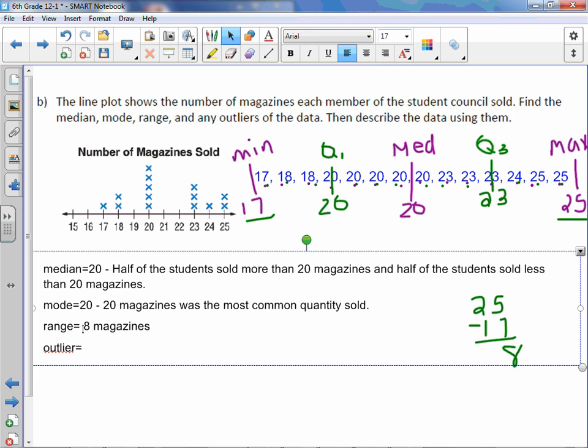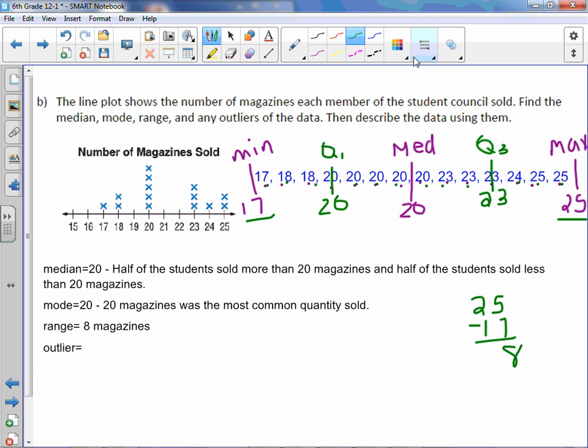And we need to know if there are any outliers. To find outliers, we need to find the interquartile range. To find the interquartile range, we take our quartile 3 of 23 minus our quartile 1 of 20, and we get 3. Once we get that IQR, we're going to multiply it by 1.5 and get 4.5.